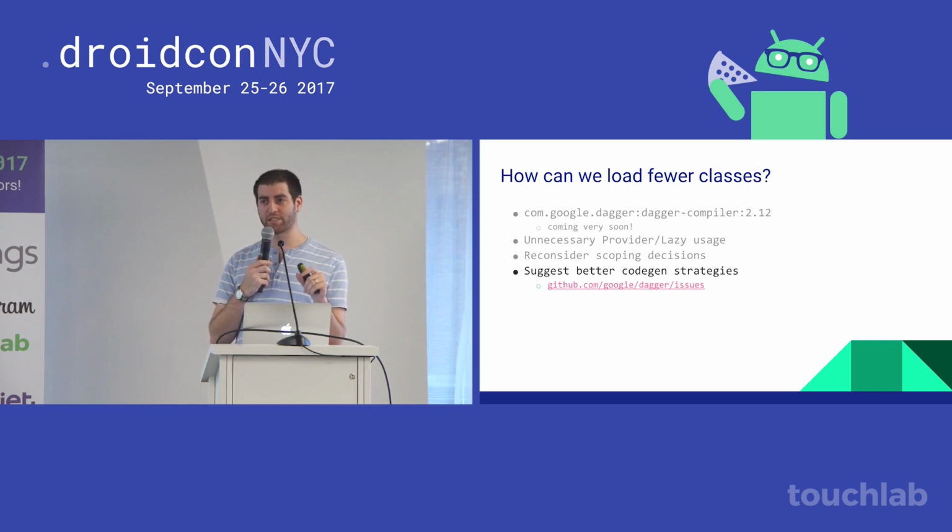Point being, we've spent a lot of time trying to make the Dagger code base a lot more readable, and we really welcome contributions, and we welcome people experimenting and coming back to us saying, we timed stuff in our app, we made these changes, here are some benefits that we could see if we implemented this for everyone. So definitely take a look in your IDE, look at the code that's being generated. If anything looks bizarre to you, come back to us. We can either discuss and explain it to you or try and think of a better way to be generating code.